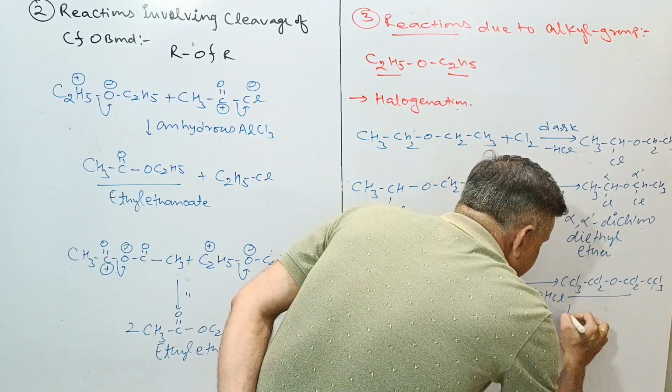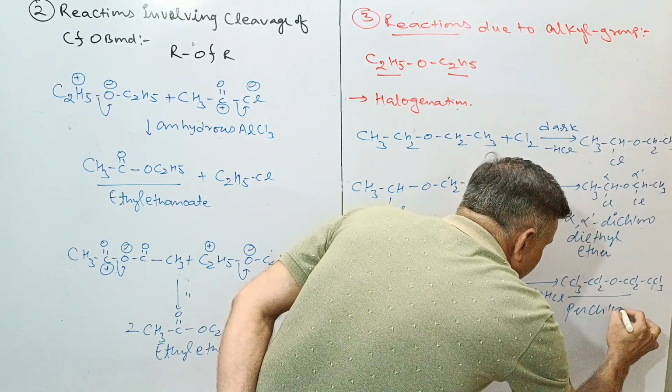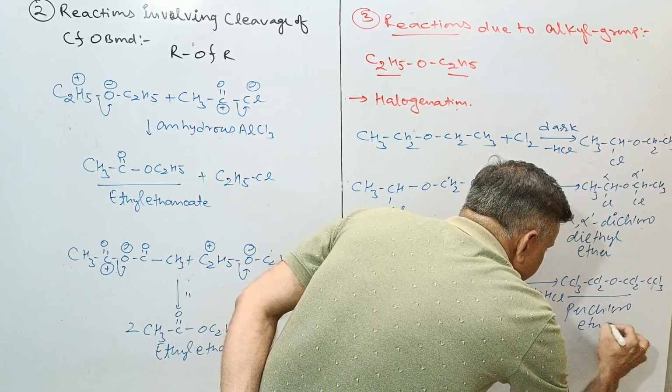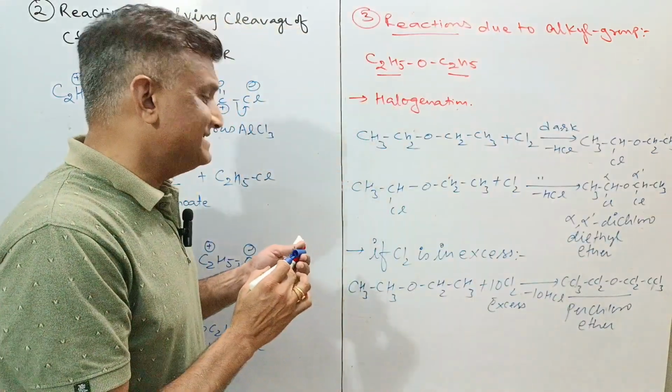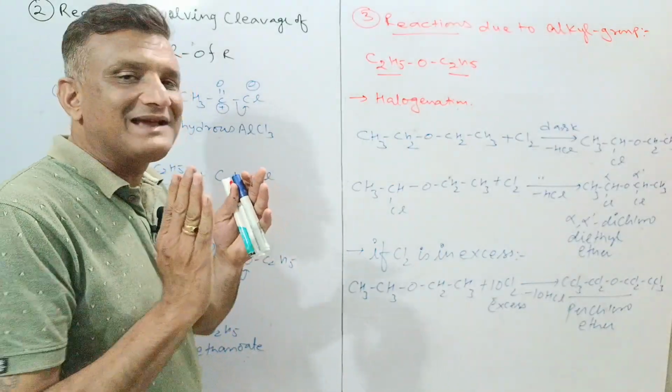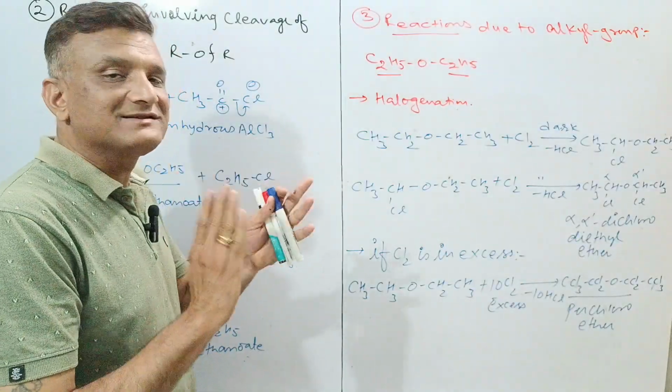This is called perchloroether. These are reactions separate, in excess as compared to NCERT.